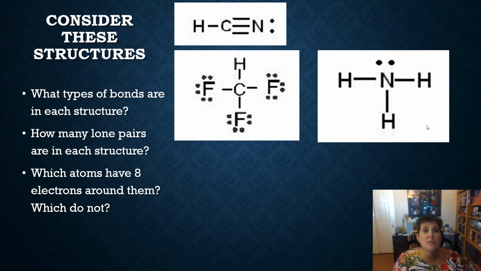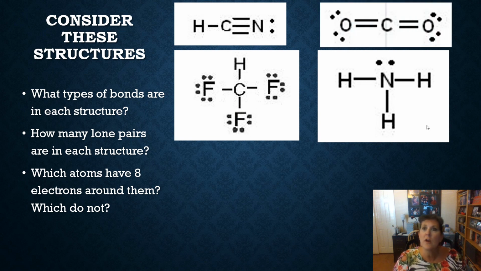Which atoms have 8 electrons around them? Well, the fluorine has 6 dots plus a single bond is 2 makes 8. Fluorines are the same. Carbon has 1, 2, 3, 4 bonds at 2 each makes 8. Hydrogen, again, only has a single bond connecting it, so 2. It's not 8.